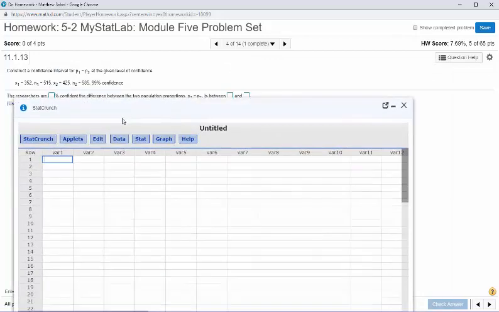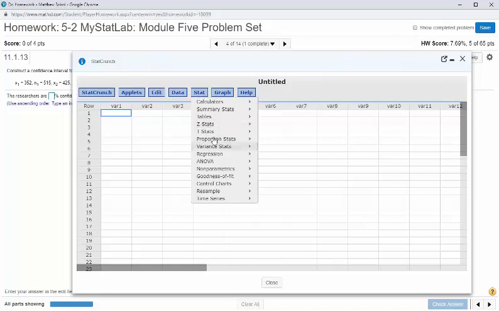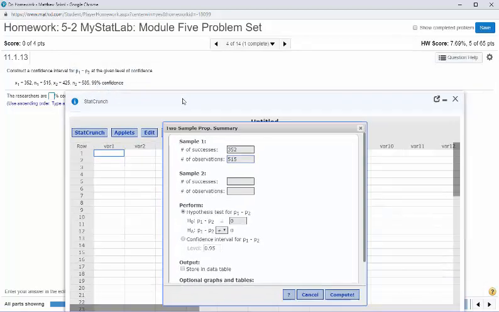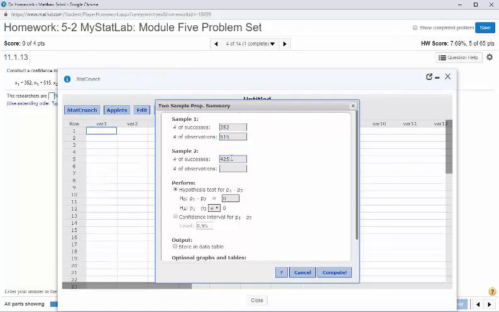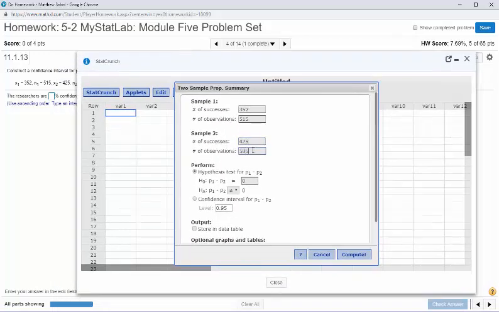Whenever you're dealing with these proportions, like P1 minus P2, you're going to go Stat, Proportion Stat, Two Sample, with summary. So it was 352 for the first one, 512 was the number of observations, then it was 425 and 585. So we want a confidence interval here for the difference, and I want to change this to 99%, so just be mindful of that. And I'm going to hit compute.